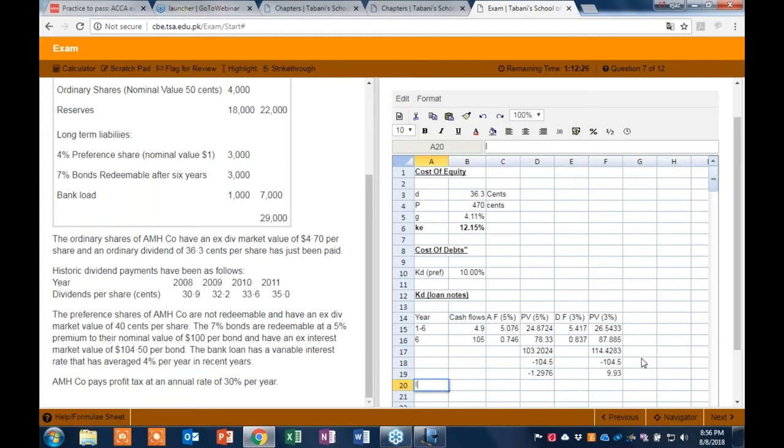Let's calculate the IRR. And you know, in IRR, we have to write the lower rate, which is 3%, 0.03, plus the positive NPV, 9.93, divided by the positive NPV minus the negative NPV. And let's close the brackets.